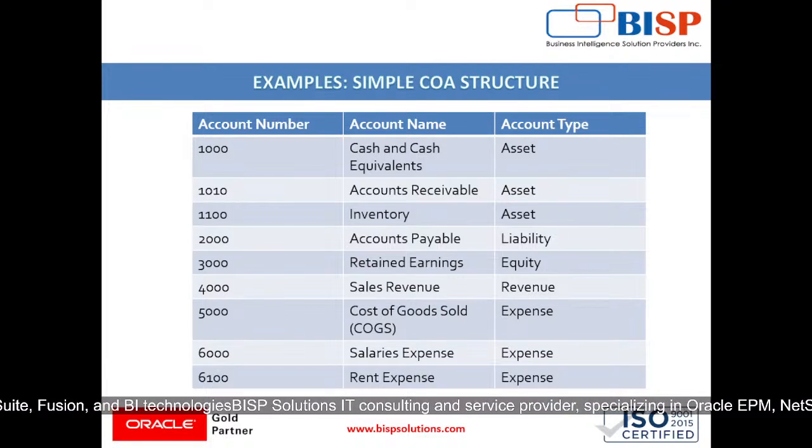So there is a clarity that this much accounts are in this particular account name. Like that only, we can see in expense there is a 1000 account number difference between cost of goods sold and salaries expenses.